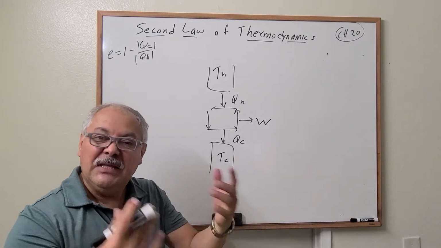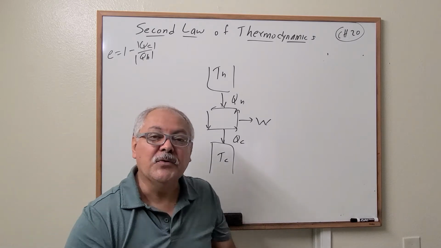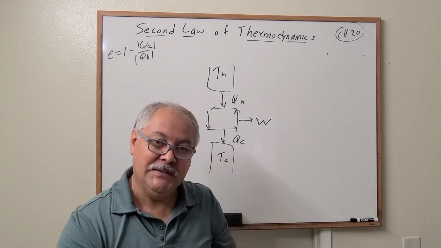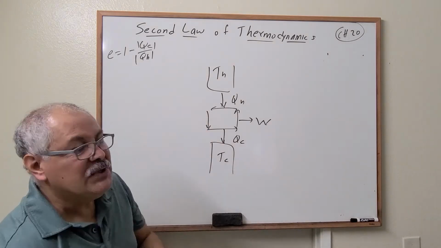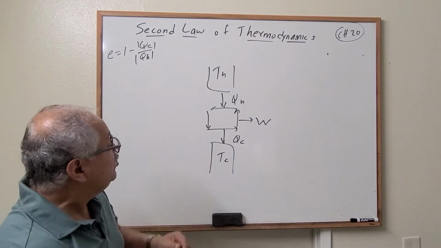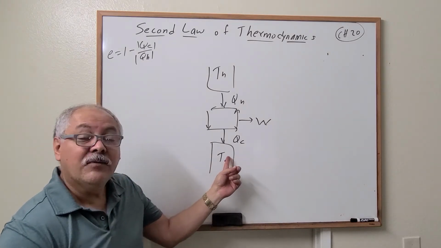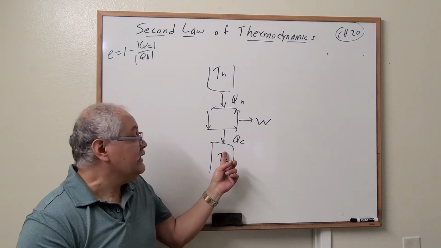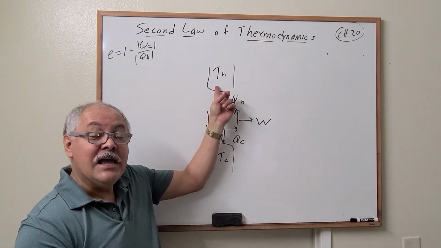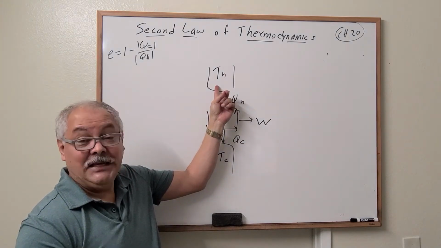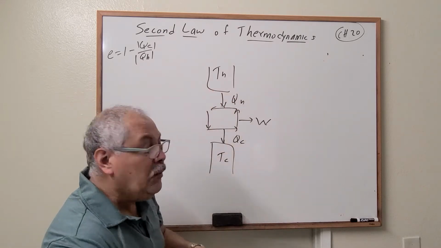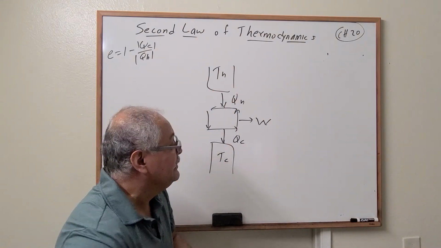Now let's go in the opposite direction. We have machines that work in that way, for example, the refrigerator or the heat pumps. What happens in the refrigerator? We have to do work to move heat from a cold object and send it to a hot environment, like the kitchen in this case. It works in a reverse process.